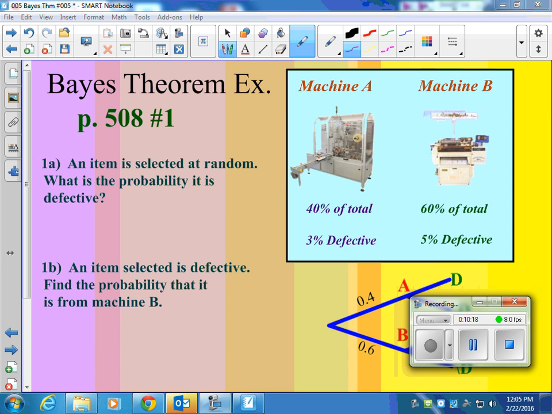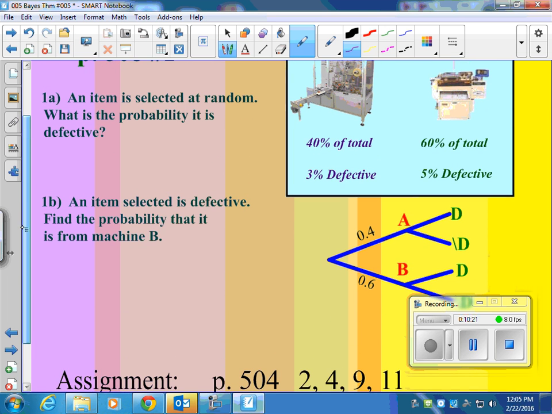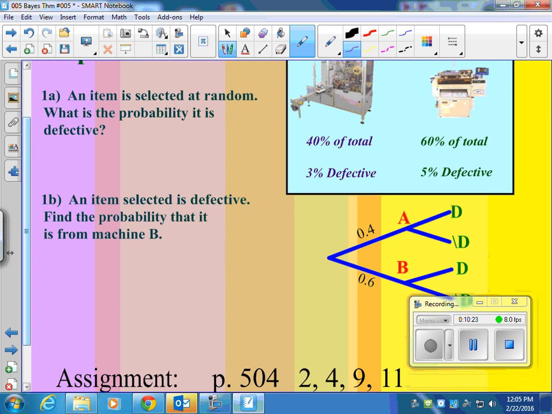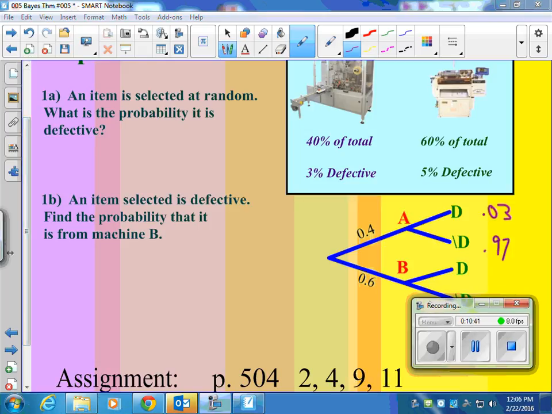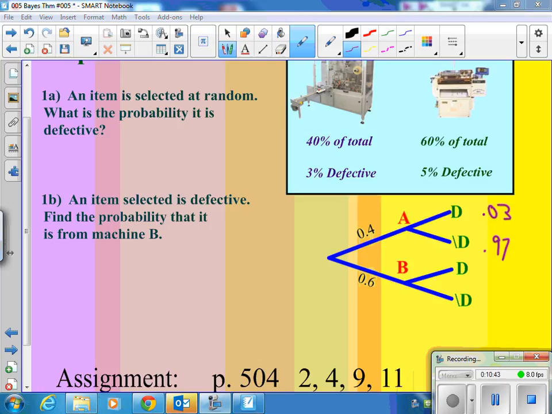So what we're going to do is make a little diagram here. 0.4 is for machine A, 0.6 goes to machine B, and to be defective in machine A is going to be 0.03. How about being effective, not defective, is going to be 0.97, right? And then if we go down to machine B, we're going to have what percent is defective? 0.05, and this will be 0.95.